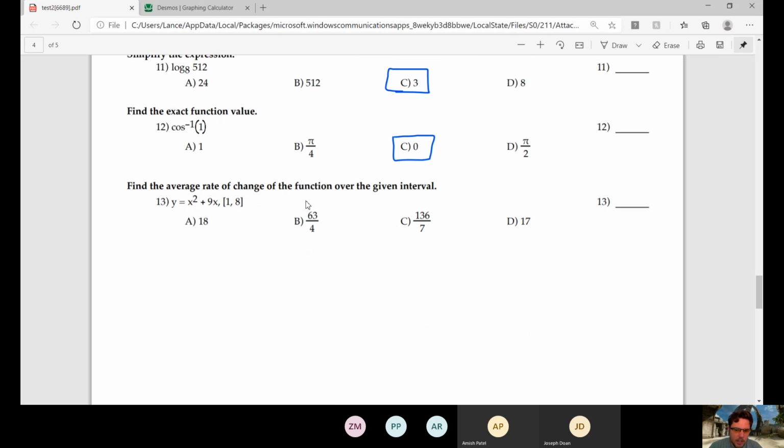Well, the average rate of change. Y'all know how to do this one right here? Average rate of change. This is something that's going to be important later.